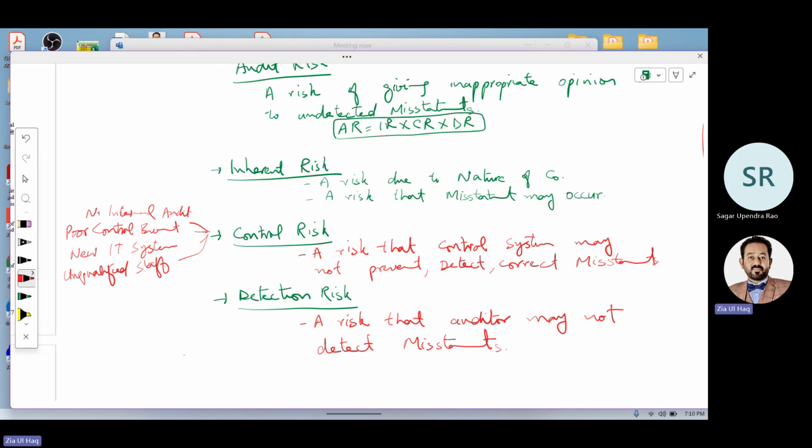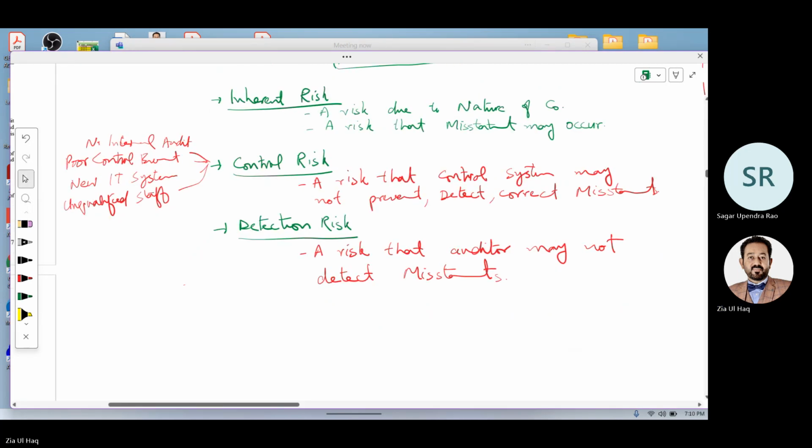Why? Auditor is new. The auditor is going to perform the audit of this client for the first time. So due to lack of detailed knowledge about client business, he may not be able to detect a misstatement. This will be called detection risk. I mean, due to the auditor.